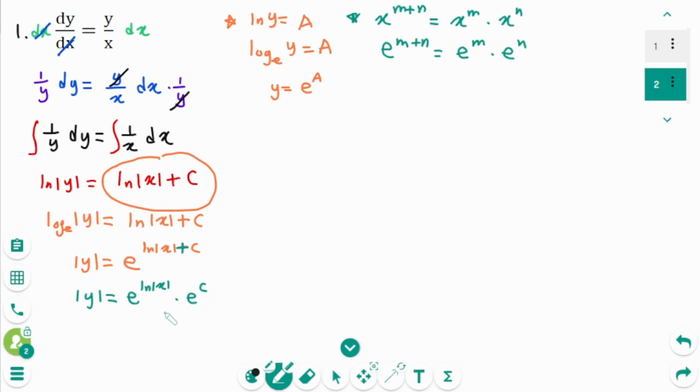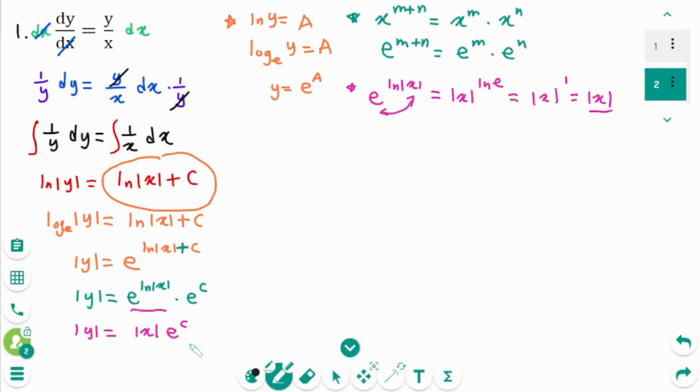Then this part, e to the power of ln absolute value of x, we can change either end. So absolute value of x to the power of ln e, that means absolute value of x to the power of ln e means 1, then absolute value of x. Then absolute value of y equals, this part is absolute value of x times e to the power of c.